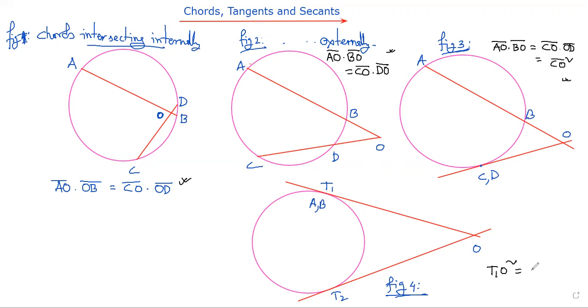T1O square equals T2O square, and it gives me one interesting outcome: T1O equals T2O. What is the meaning of it? The meaning of it is that from an external point, if you draw two tangents to a circle, both of the tangents will be the same length. So this is the information for chord, tangent and secant.